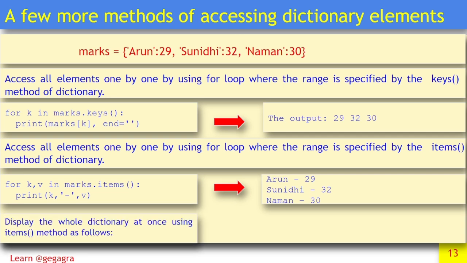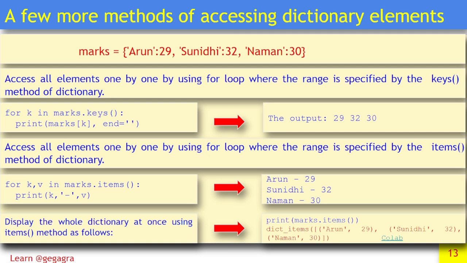And the third method is to display the whole dictionary at once using the items method. When I say print marks dot items, it will print the dictionary in the shape of a list, and in the list all the pairs will be enclosed within parentheses.